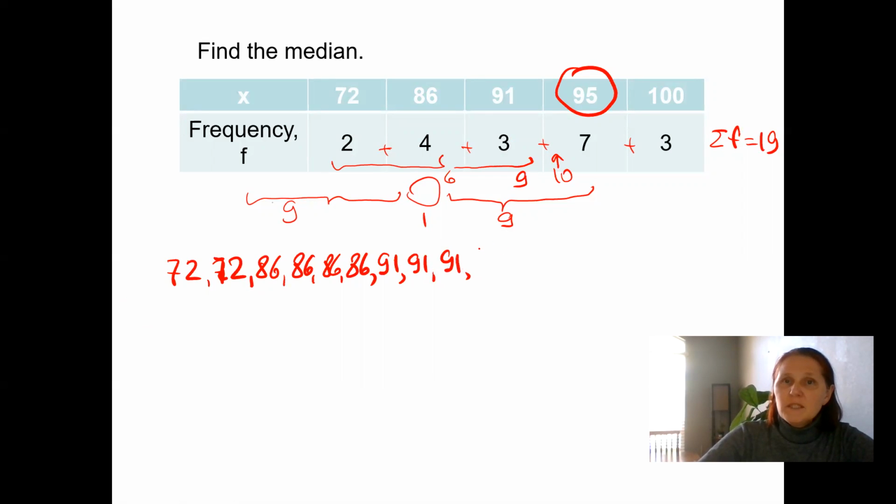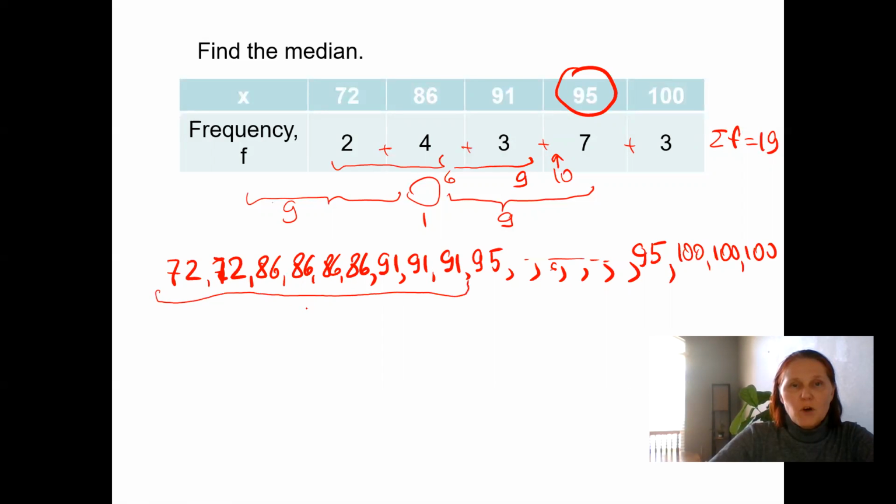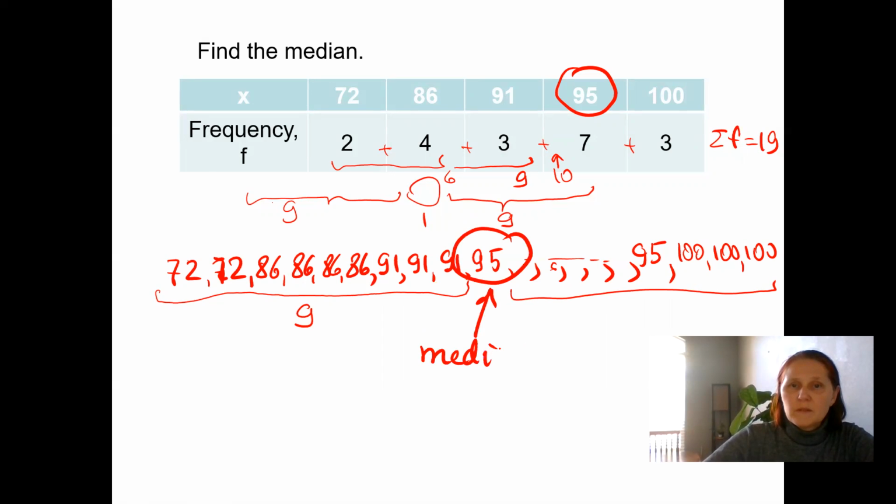Then we have 7 times 95. And we have 3 times 100. These first 9 numbers are to the left of the median. These 9 numbers are to the right of the median, and 95 is exactly in the middle. It is the median of the data set.